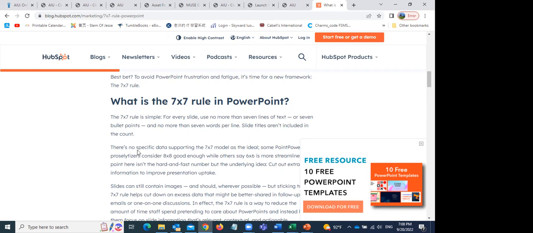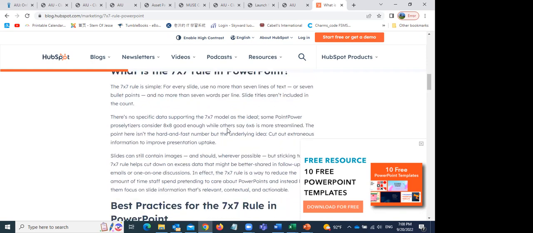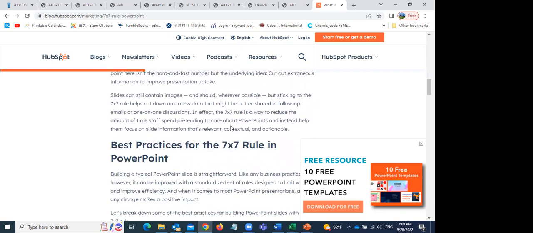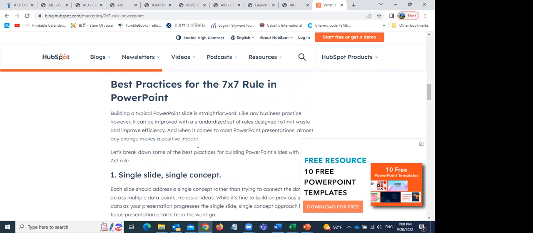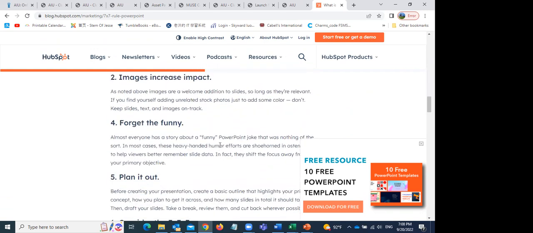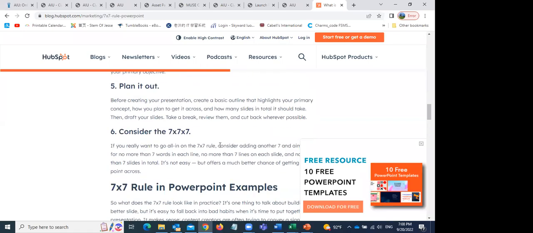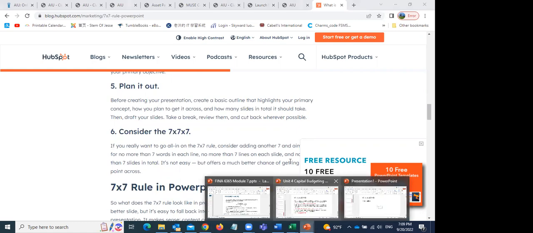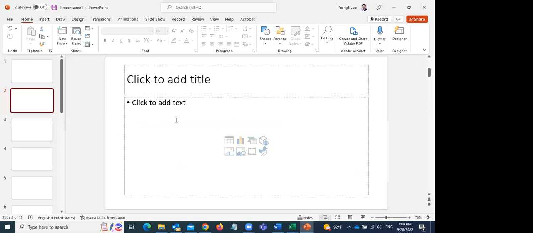And each line sometimes no more than 7 words. Basically, the meaning is, do not type a lot of words on the PowerPoint slide.